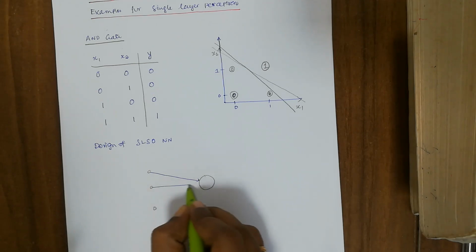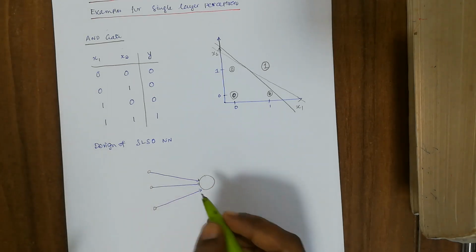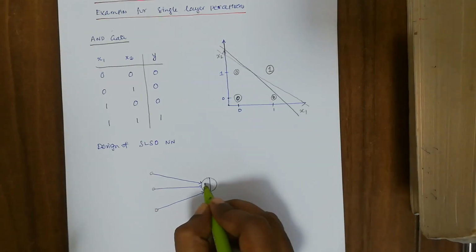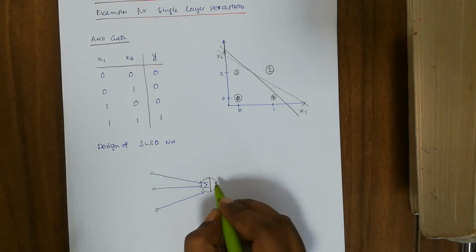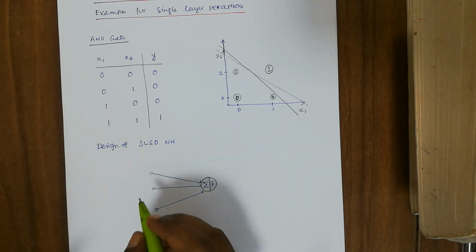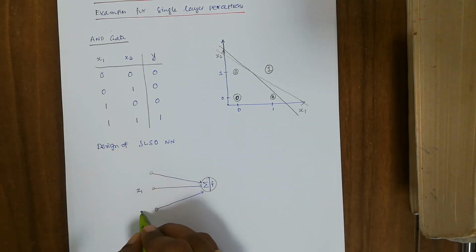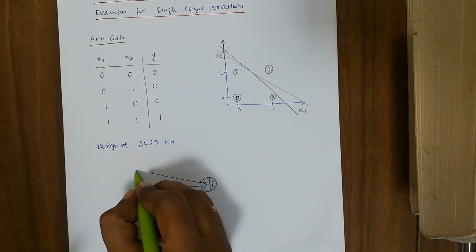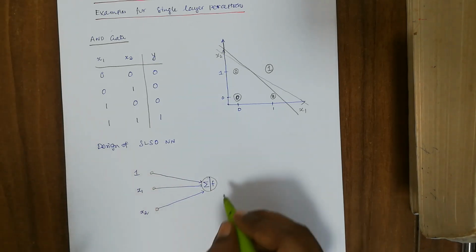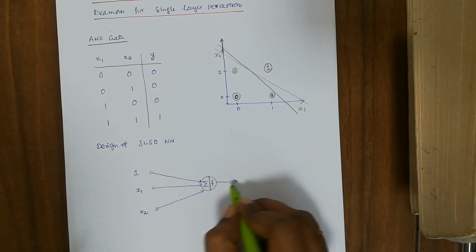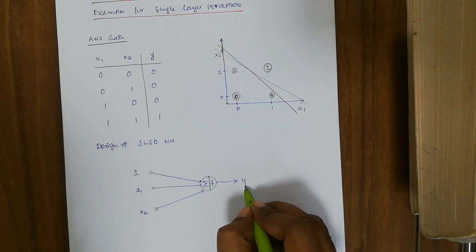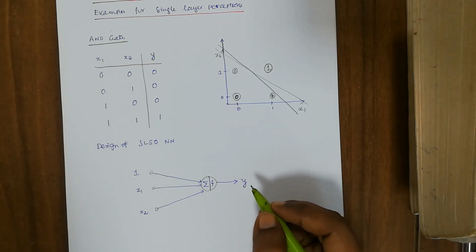As I said, this neuron has two components: one is the summation adder, followed by a nonlinear function. So this will be x1, this will be x2, and this will be a bias which is 1, and the output of this neuron is y.